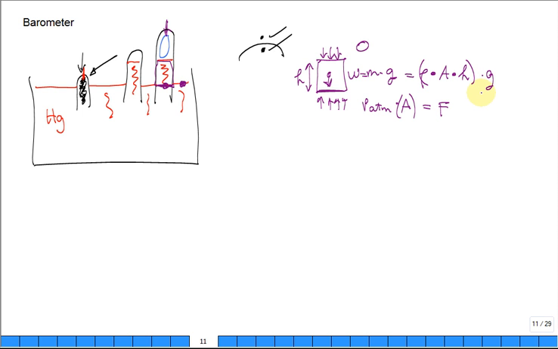True? So we have a good free body diagram: weight down, force up due to the hydrostatic pressure. You get P atm times A equals rho times A times h times g. Do the areas cancel? And what we find is the atmospheric pressure is measured as rho g h.